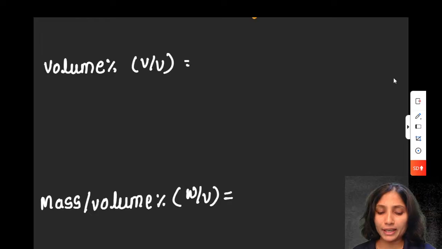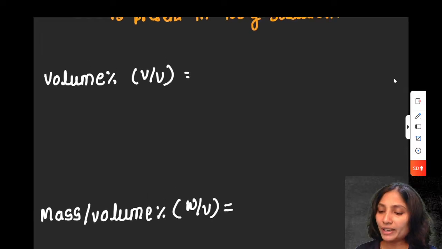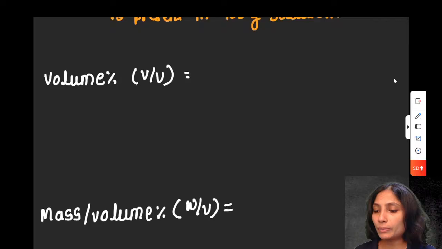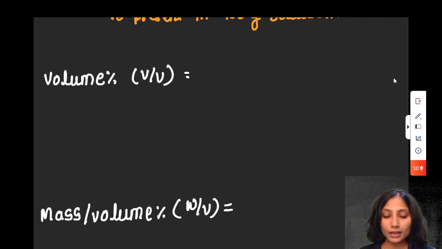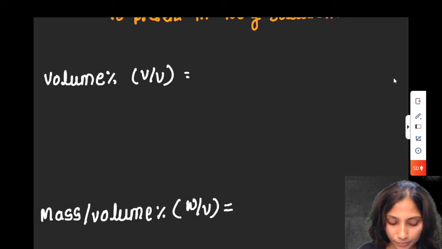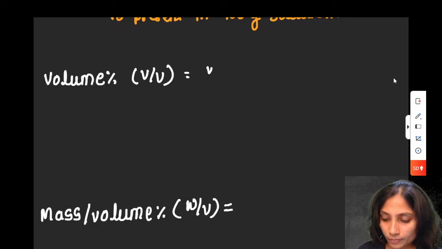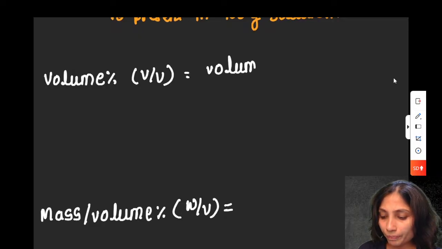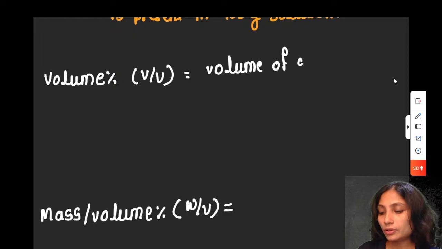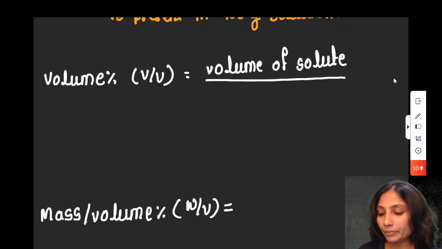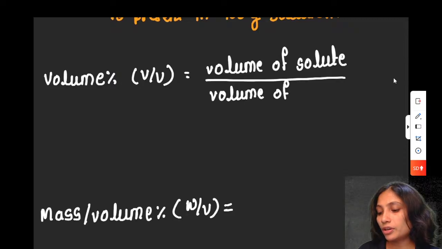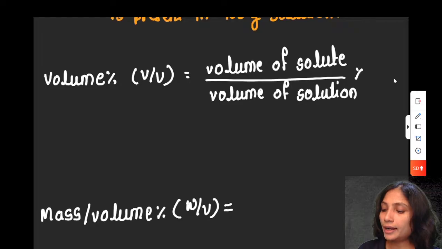If you go to volume percentage, how can I define volume percentage? Volume percentage is the volume of solute divided by volume of solution into 100.